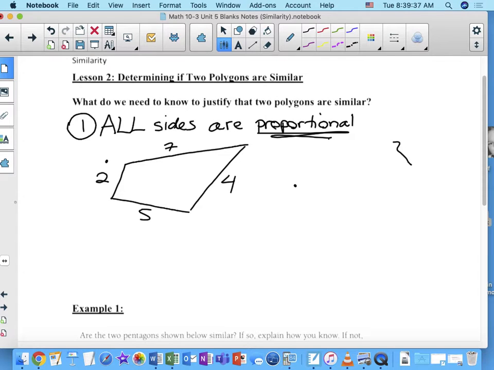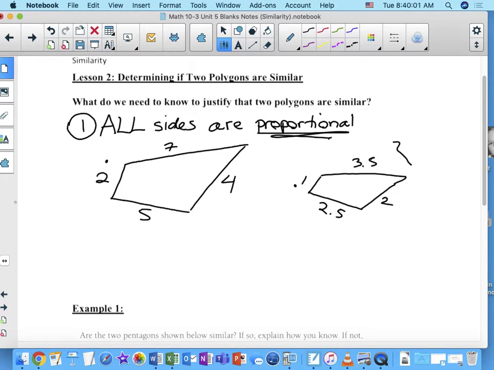Okay, and then I take another one, and I make this one smaller: 1, 2.5, 2, and 3.5. Okay.